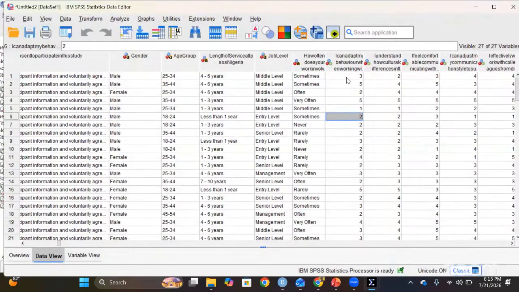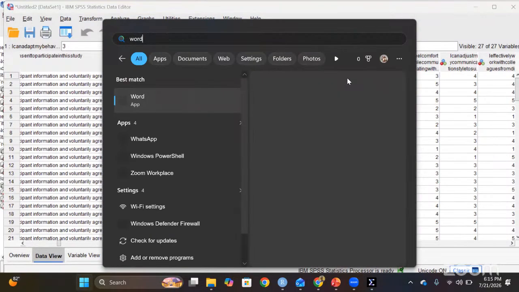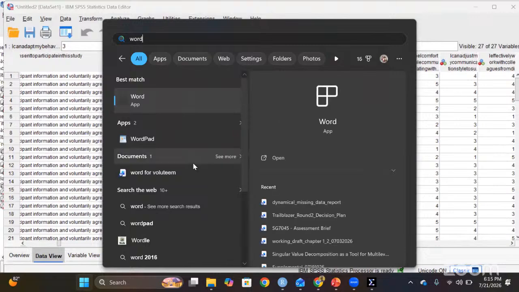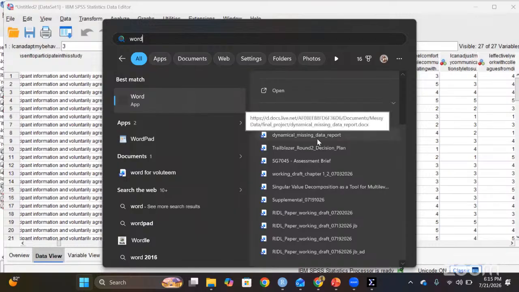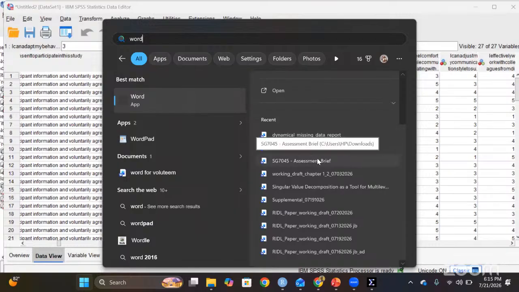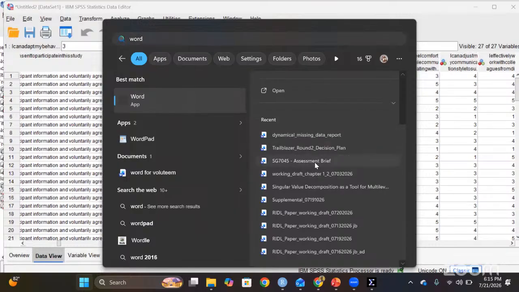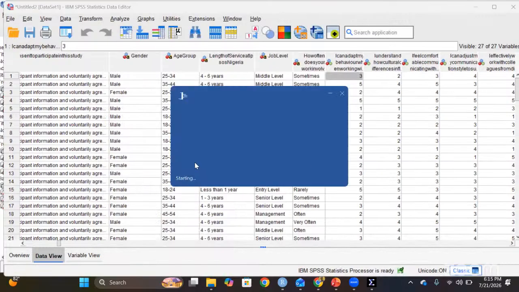Then the next thing that we discussed was coding and recoding. During that session, we can recall that one major thing that we tried to do was to label what is coming from our Google Forms. It was on this document that I was doing it.